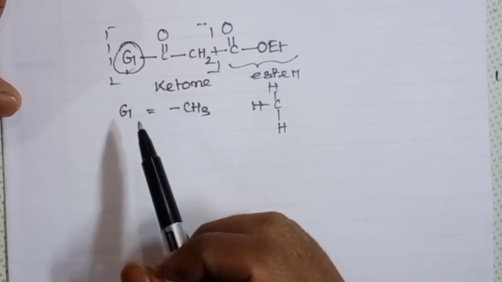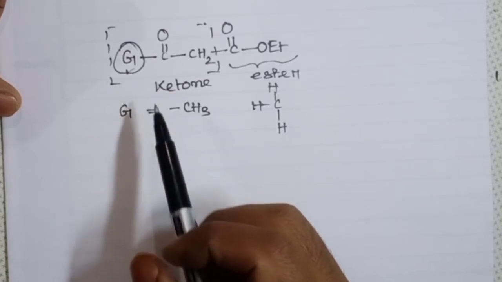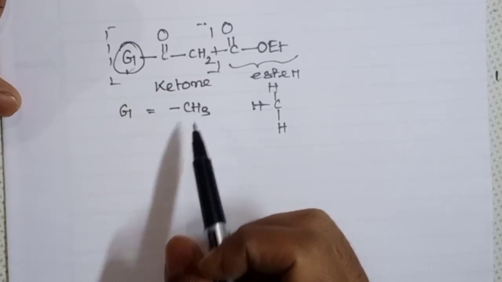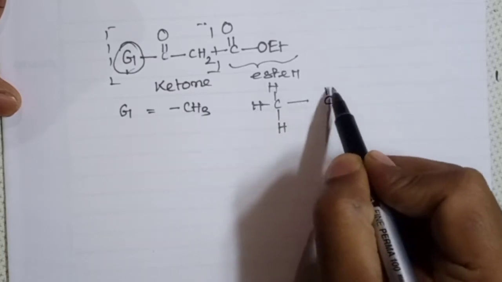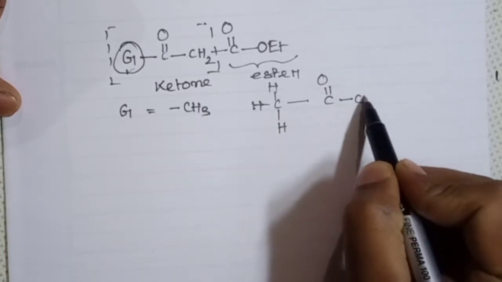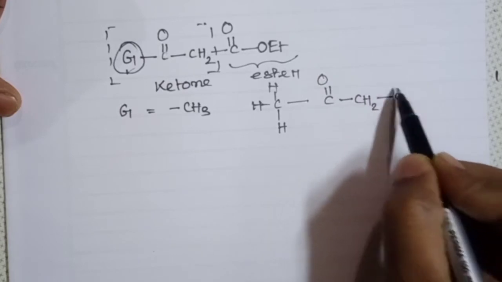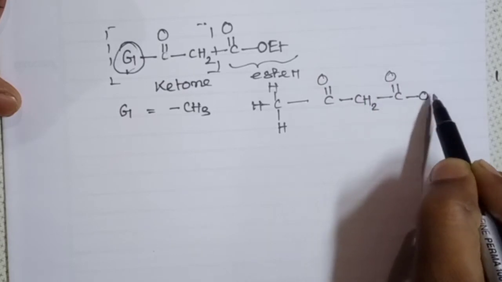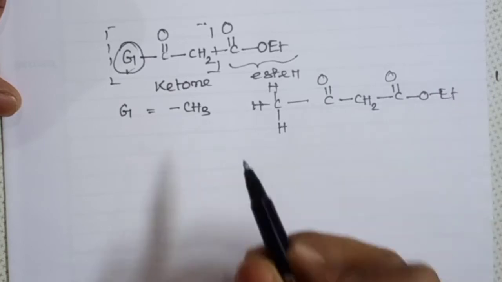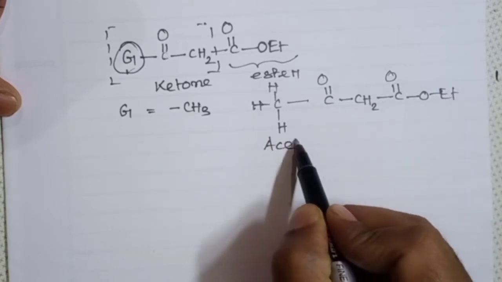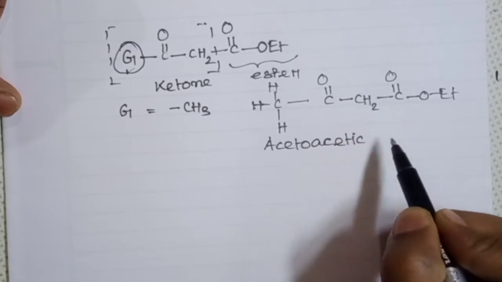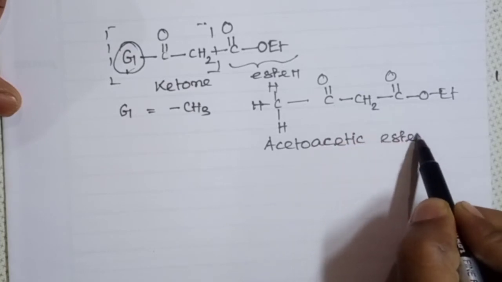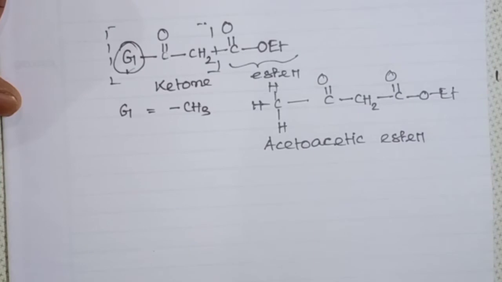When the group Z is a methyl group, that is CH3, it will look like this, and it's called acetoacetic ester. This one is called acetoacetic ester.